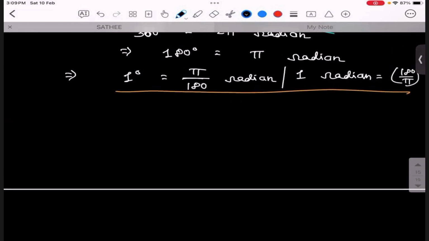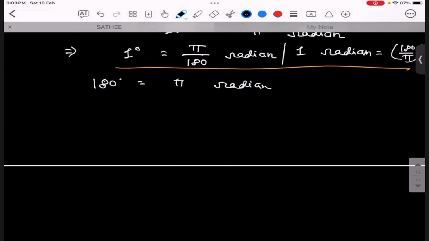We all know 180 degree equals pi radian. In general we are aware of a few important angles: 30 degree, 60 degree, 90 degree, 45 degree, and 270 degree, 360 degree. These are very important angles.